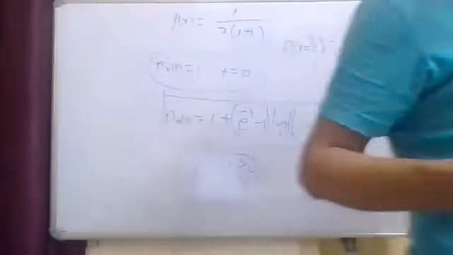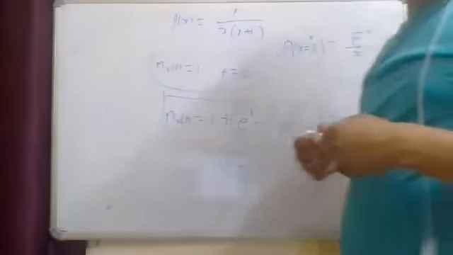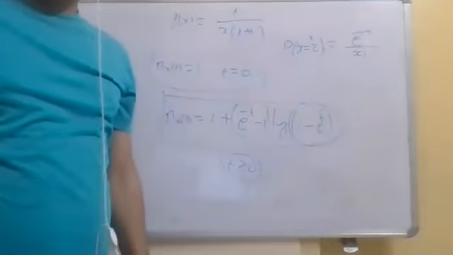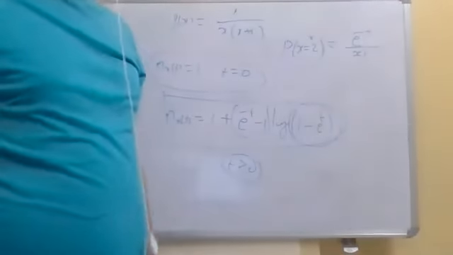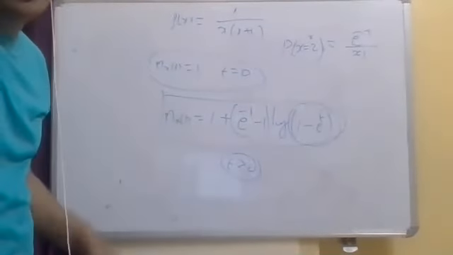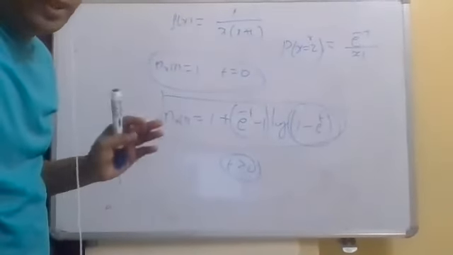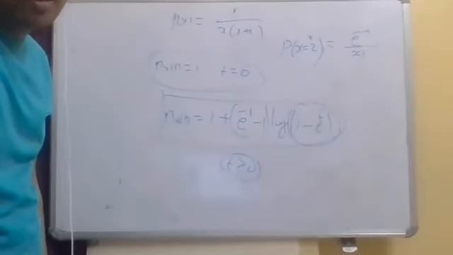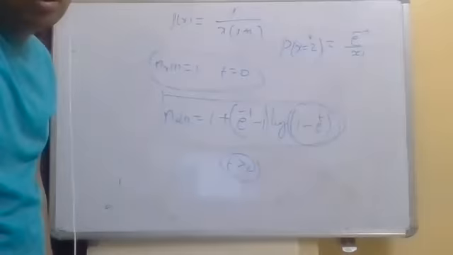So you can use it from here, and then you will get your answer. They are asking whether a random variable has a moment generating function but yet it will not generate any moment. Means the moment generating function is there, but the moment is not there.